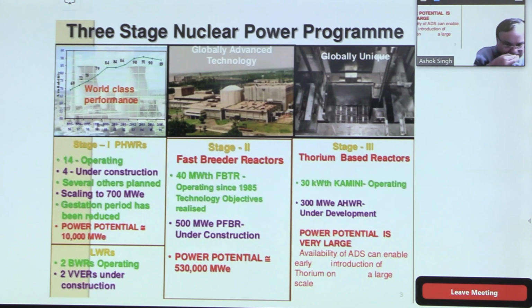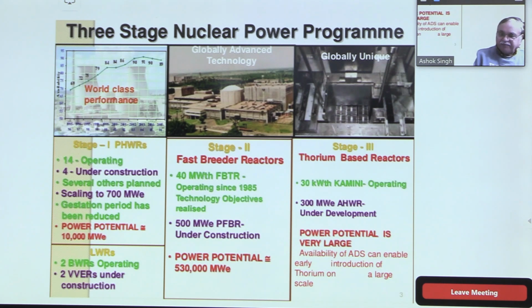And you should be able to explain the logic behind this also. First stage, technology which is relatively well developed and easily available. Second stage, very advanced technology, not generally available.